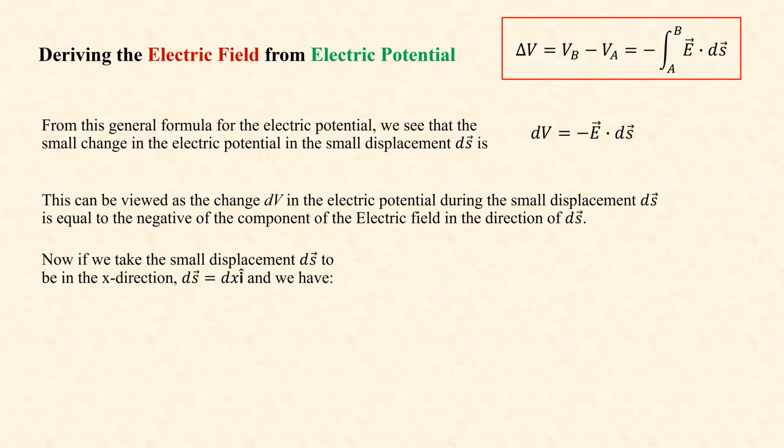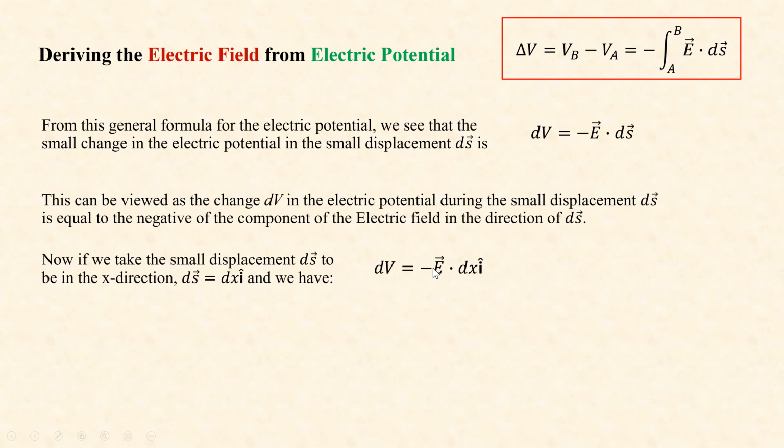So we can now take a small displacement ds to be in the x direction. So ds is dx times i hat. Means that we are taking the step in the x direction with the magnitude dx. Okay. And now what do we get? We get E dot ds equal to delta V. So the dV becomes negative E dot dx i hat.